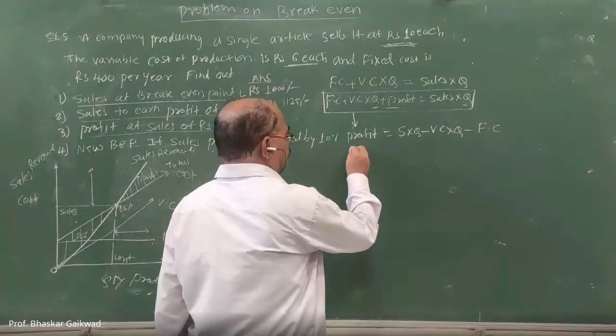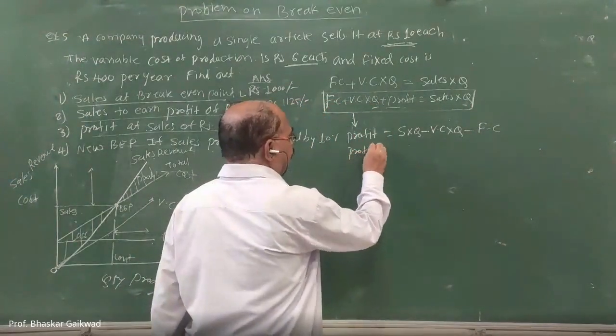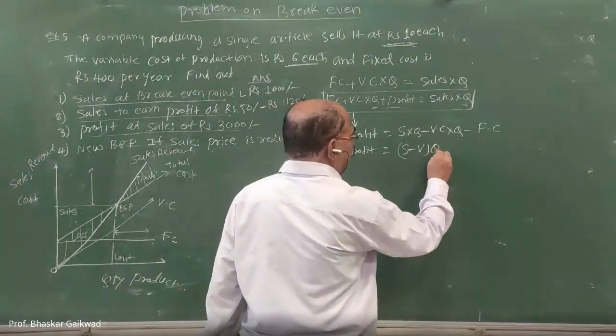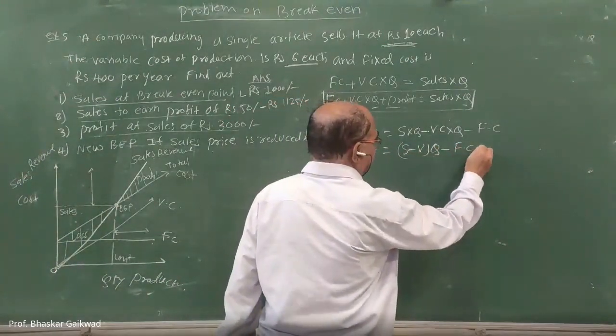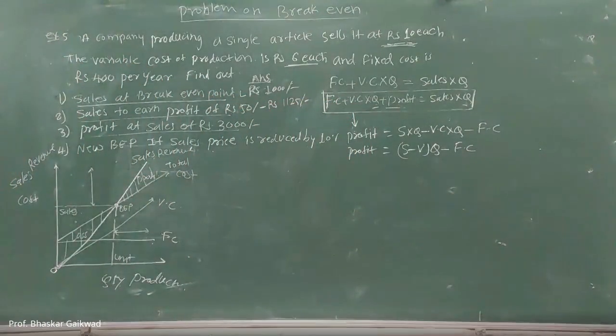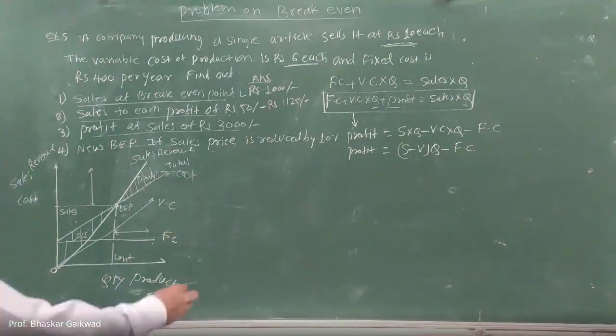So profit is equal to S minus V into Q minus FC. Now, sales is rupees 3,000.